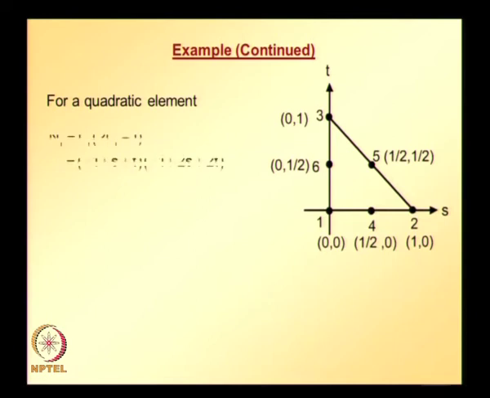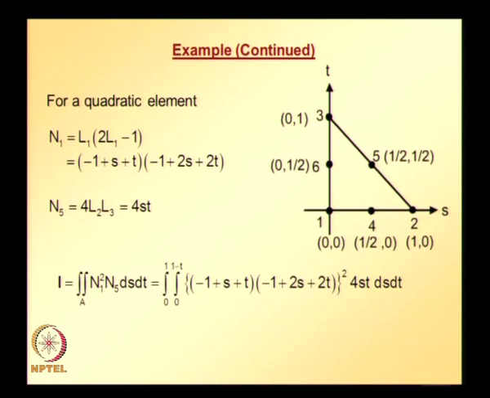So, for this particular element, N1 is given by this, N5 is given by this, which we already derived in the last class. Substituting this information of N1 and N5 into the given integral, it simplifies to what is shown there, and as you can see the integrand is complicated.